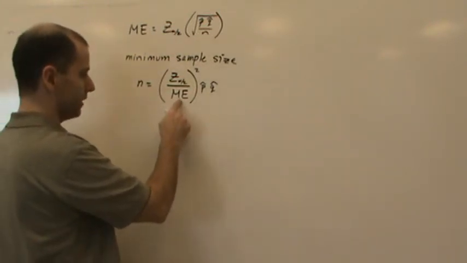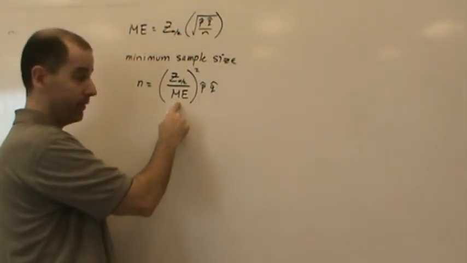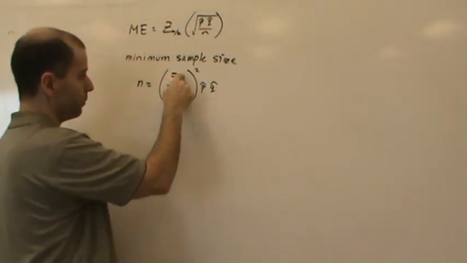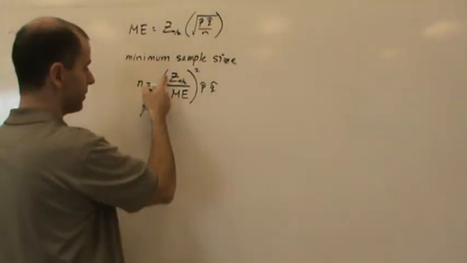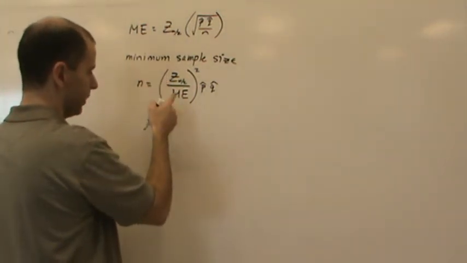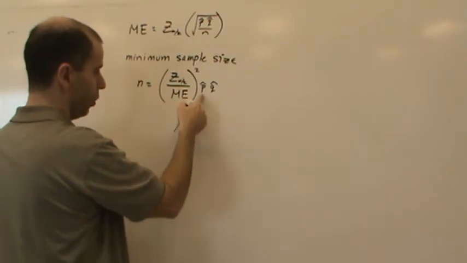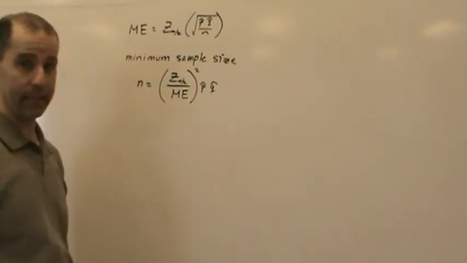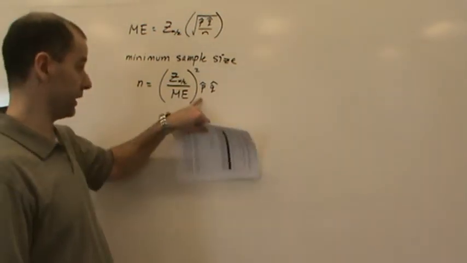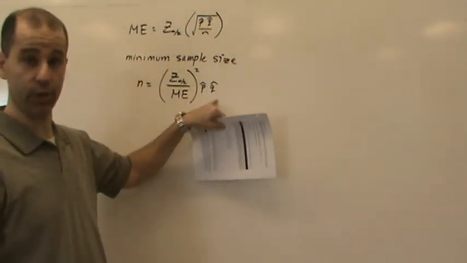Based on a fixed, so this is going to be fixed, right? So we're going to be given this, and this will be fixed too because we're going to be given a confidence level, right? So since we're given a confidence level, the margin of error will be fixed. So the only thing that can affect the minimum sample size is P and Q, or specifically P, because P determines Q.